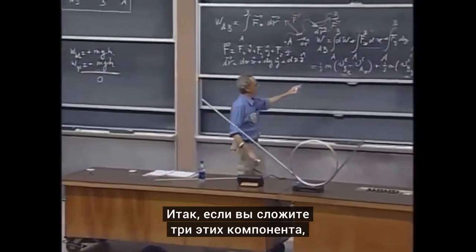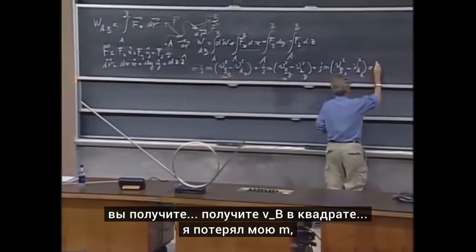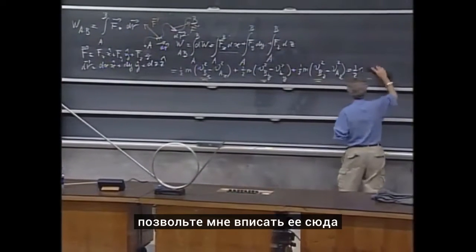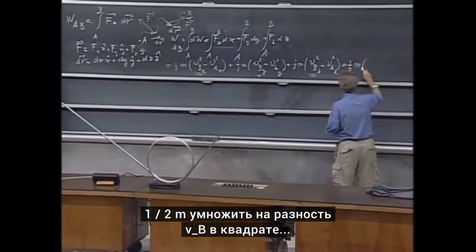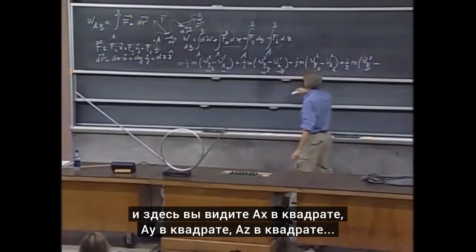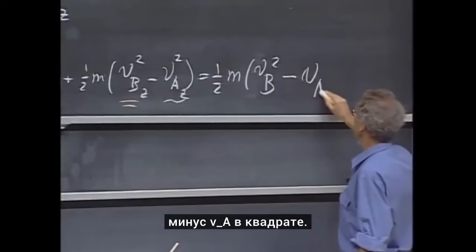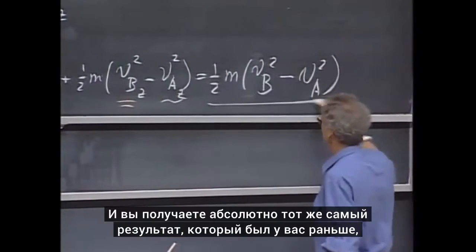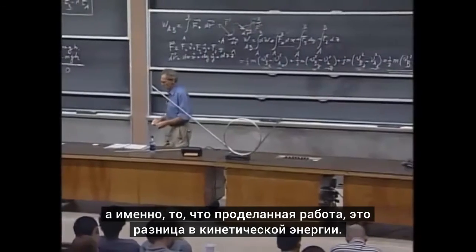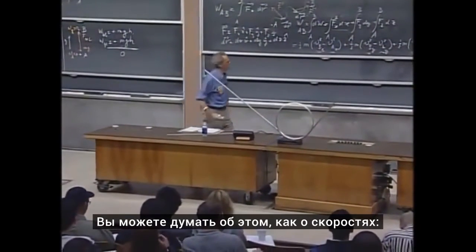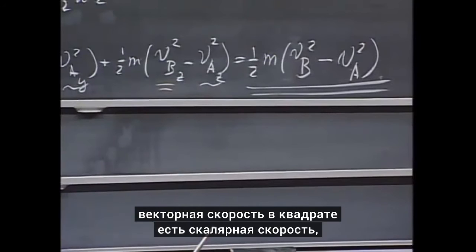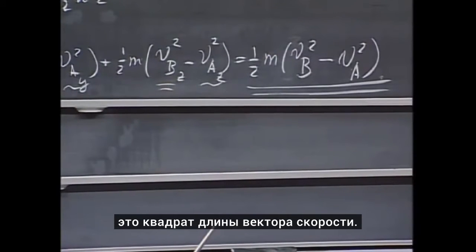So if you add up these three terms, you get 1/2 m times vb squared, oh, I lost my m, let me put my m in there, minus va squared, and you get exactly the same result that you had before, namely that the work done is the difference in kinetic energy. You can always think of these as speeds. Velocity squared is the speed. It's the magnitude squared of the velocity.